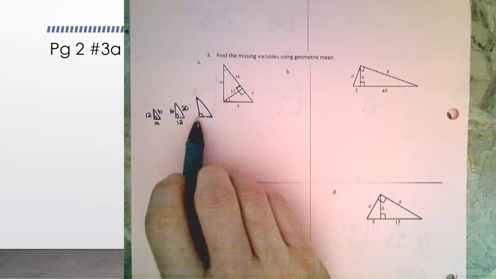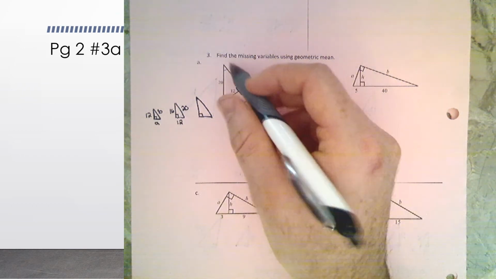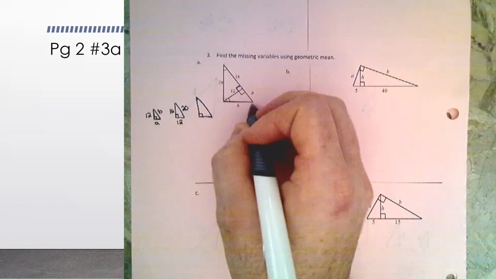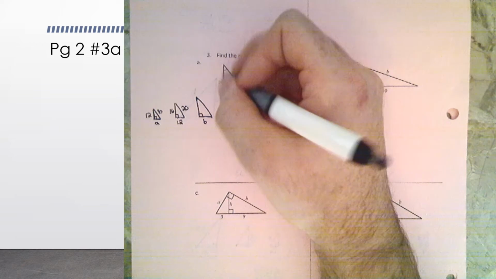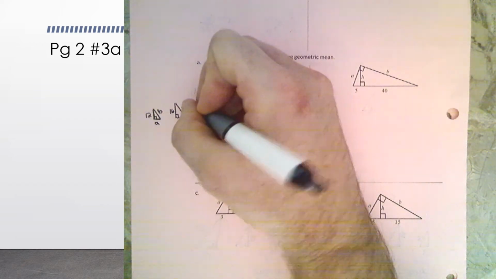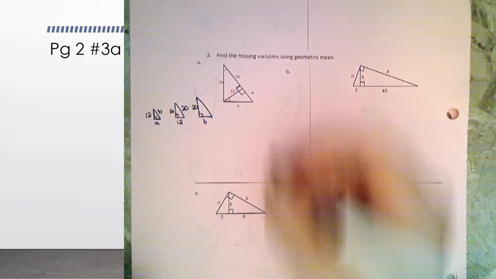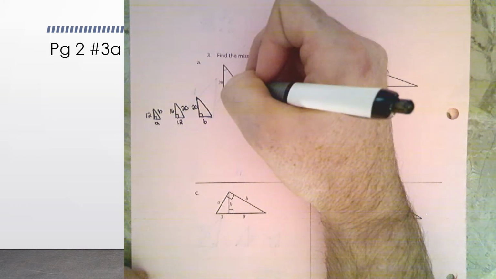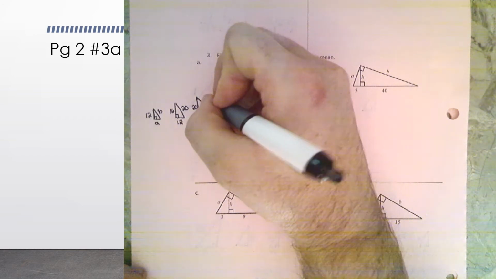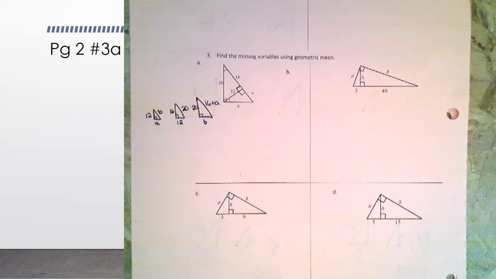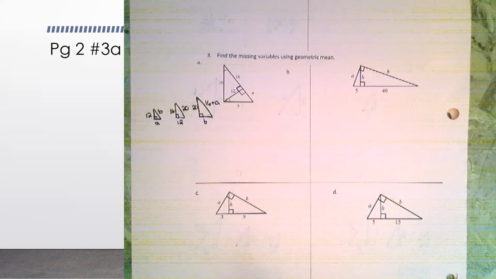Now, in the big triangle, the shortest leg was B. The longer leg was 20. And then the hypotenuse is the 16 and the A, so the full length is actually 16 plus A. So what I'm going to do is first figure out which two triangles I want to use.